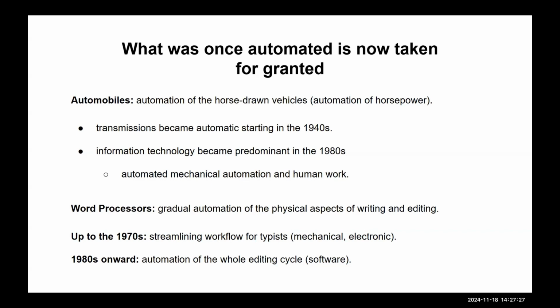And up until the 1970s, we had typewriters, and where the automation was happening was in streamlining that work. You had all sorts of mechanical and electronic typewriters, and from the early to mid 20th century up until the 1970s, people typed documents and used all sorts of automation to streamline that workflow.